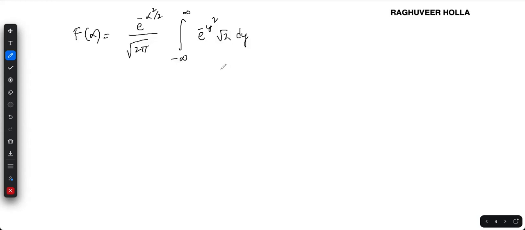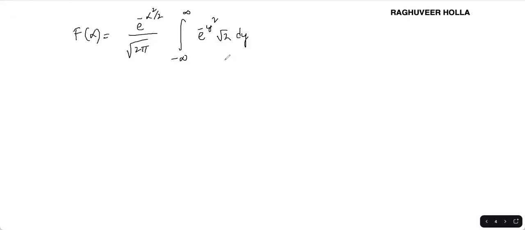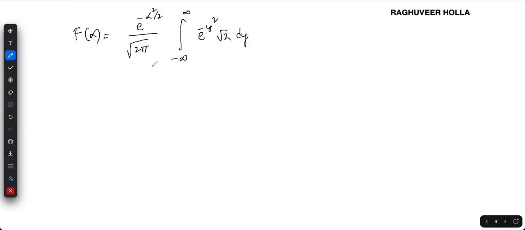Further, this is done. So I can cancel this out, or I can write this finally as e to the power of minus alpha square by 2 by root pi, integral from minus infinity to infinity of e to the power of minus y square dy.